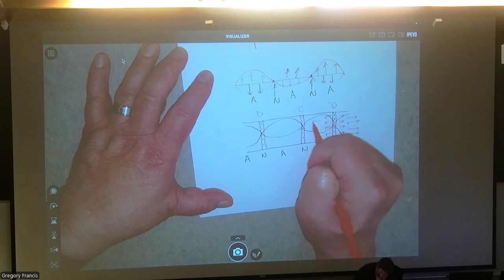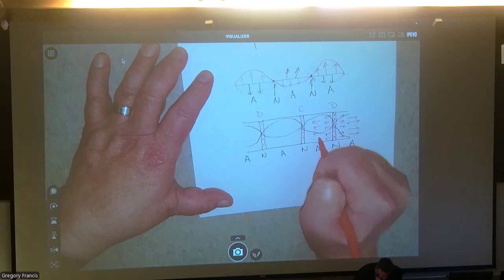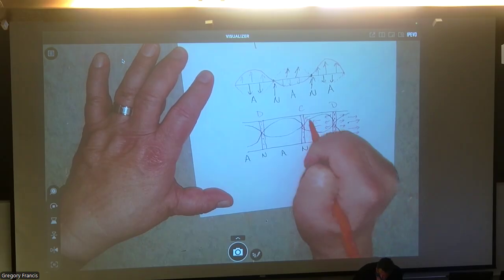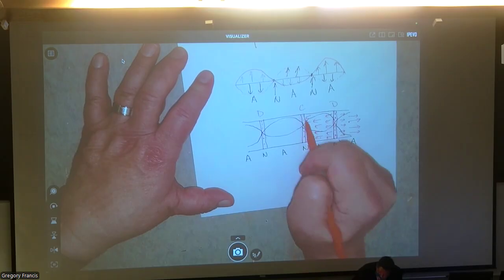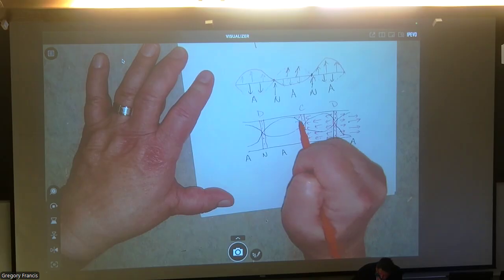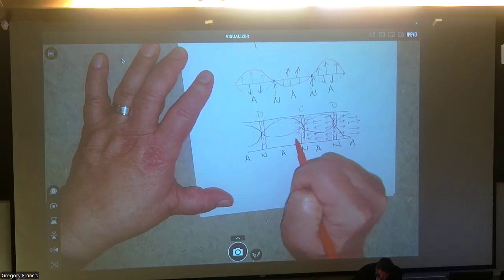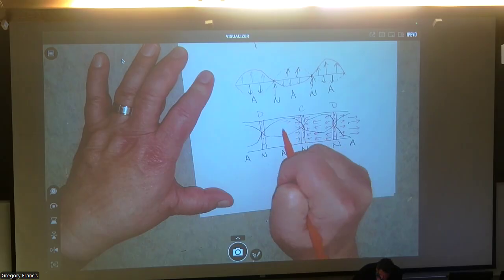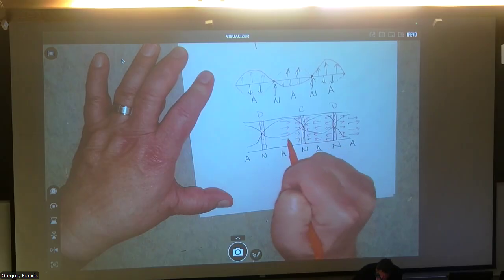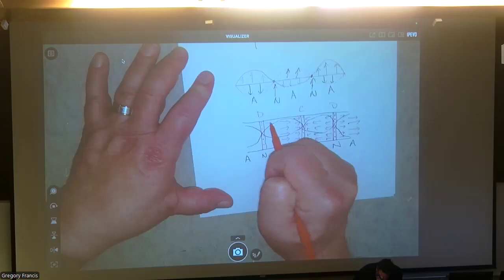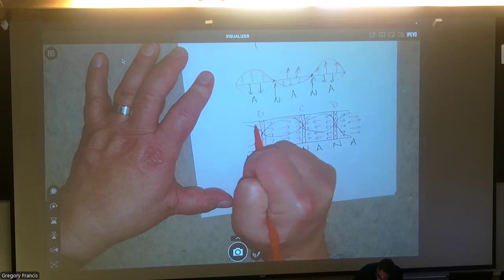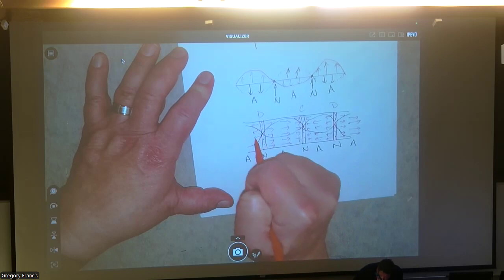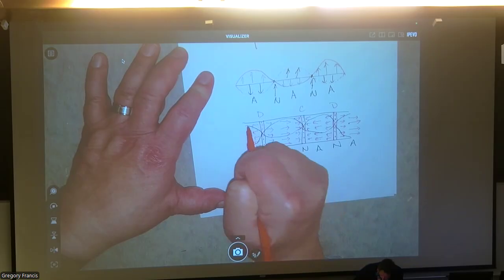And where the football is fattest, they're moving the furthest. And if this one's being crunched, it's being crunched from both sides. Where it's fattest, they're moving the most. And this one's being deserted from both sides. And where it's fattest, it's moving the most.